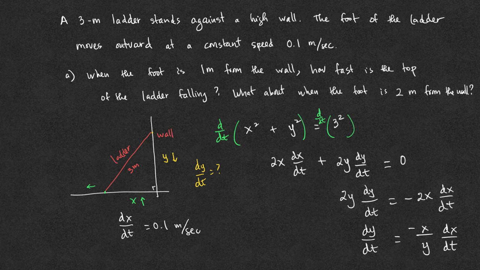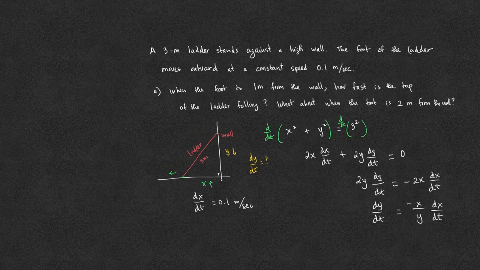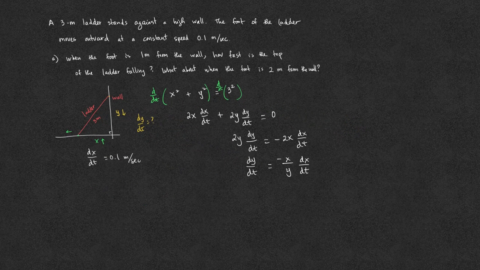Don't plug in any numbers yet until we get the rate of change symbolically. And now dy/dt is what we're looking for at the moment when the ladder is 1 meter from the wall. What that means is that we need x equals 1 to plug it in.